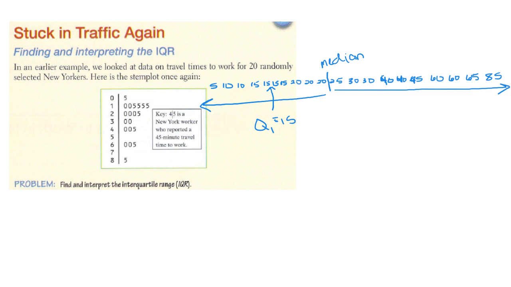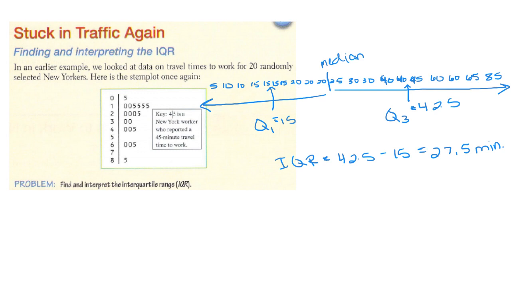I get 15. Over here on the right side, my Q3 is going to fall between this 40 and 45. So my Q3 is going to be equal to 42.5 minutes. So now when I go find my IQR, I need to subtract the 15 from the 42.5 minutes, giving me a total value of 27.5 minutes for my IQR value.